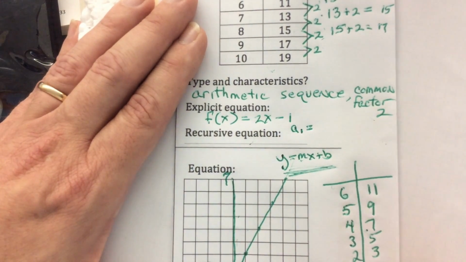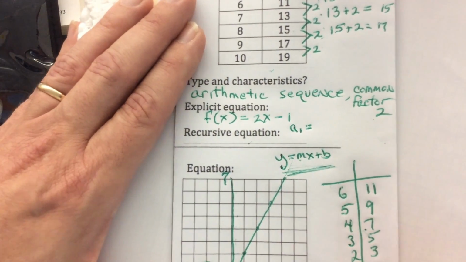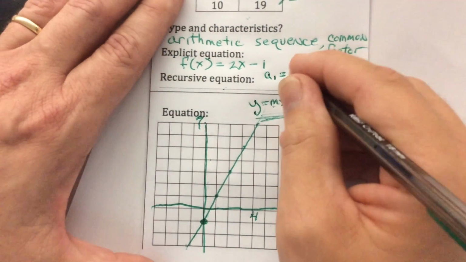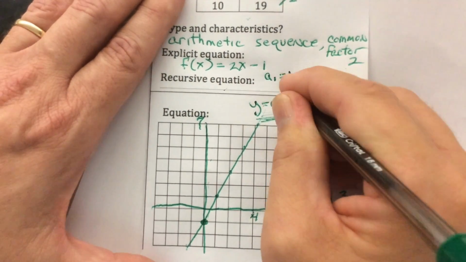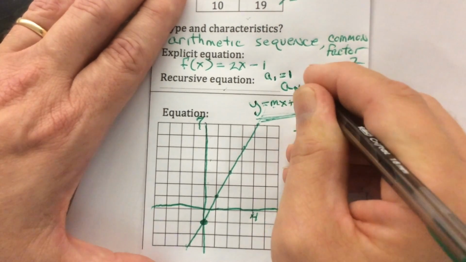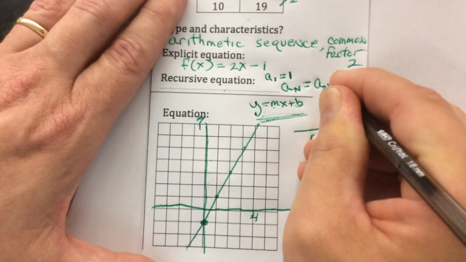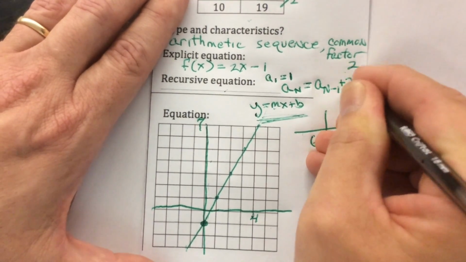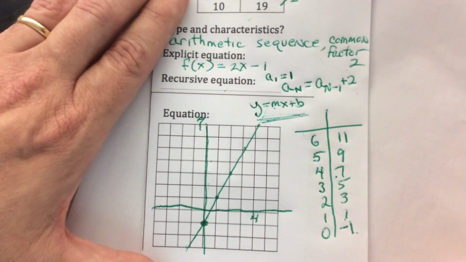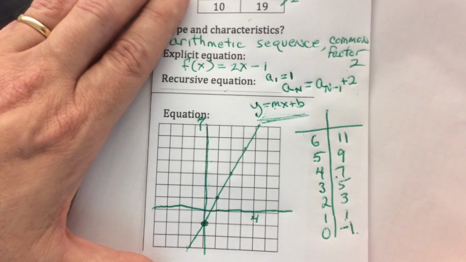The first one was 1, right? And I know that for every other one after that, all I have to do is take the one that came before it and add 2. And that's the recursive.